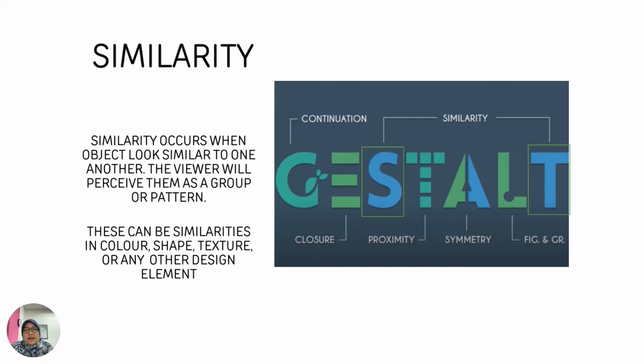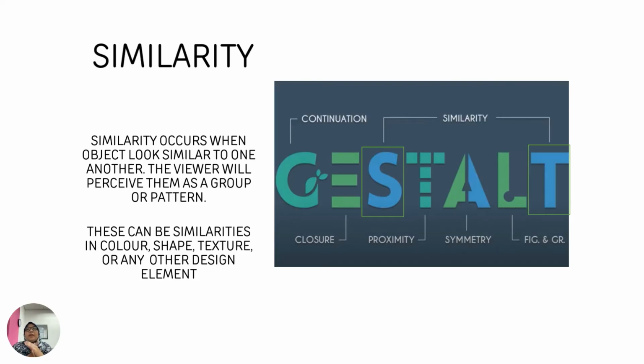Another item in Gestalt theory is similarity. Similarity is when you have two things that are almost alike. So imagine you have two apples, and one is green, one is red. Even though they have different colors, the shape is the same. You know that it's an apple.